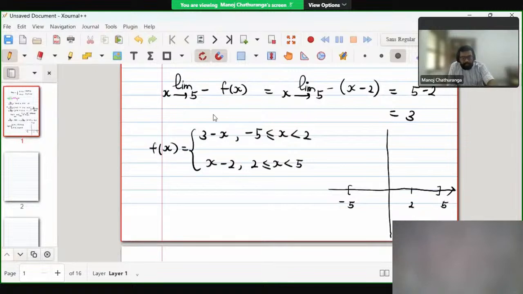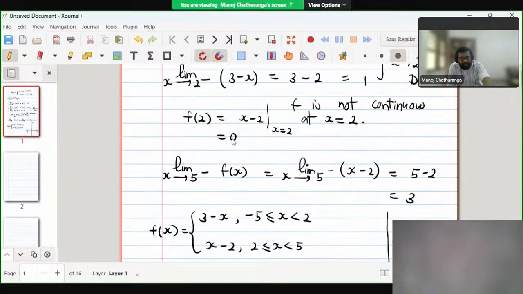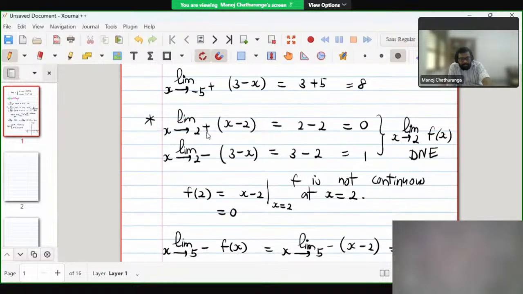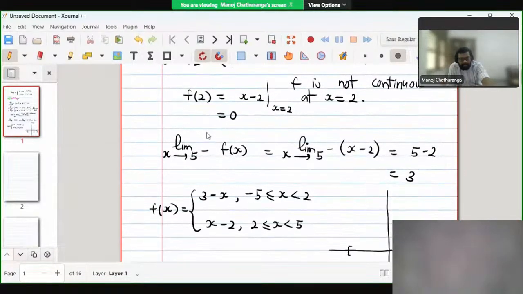So from -5 to 2, we have a line with slope -1. Therefore, since the slope is -1, the angle between the line and the positive x-axis is an obtuse angle, something bigger than 90. As we approach 2 from the left-hand side, the function value is 1.